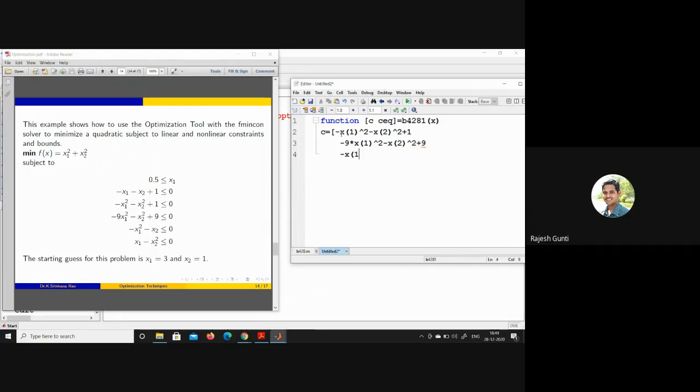Minus x1 square minus x2, x1 minus x2. Next, CEQ outputs, another CEQ empty braces.